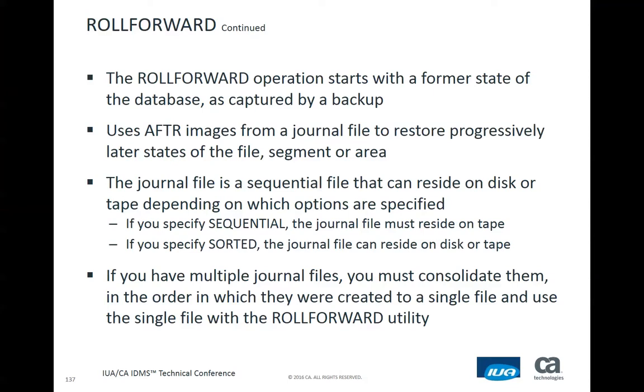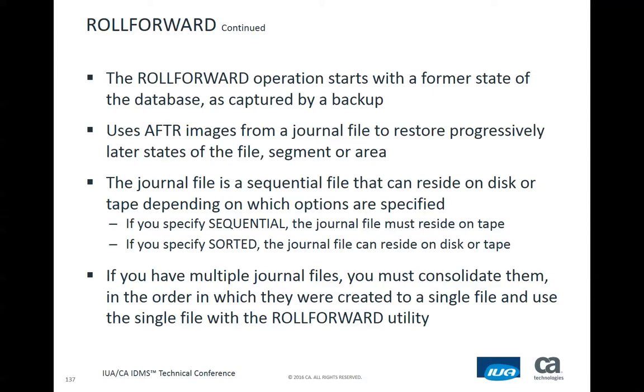So not only do I have the ability to run roll forward from a disk file by using sorted, I also can significantly reduce the amount of time that the recovery is going to require, because I'm not bouncing all over the database for each individual record.